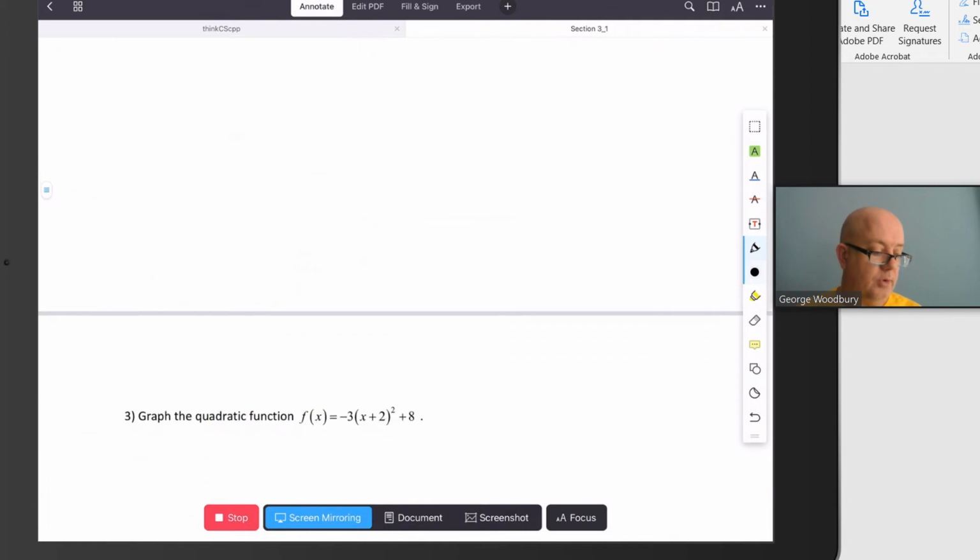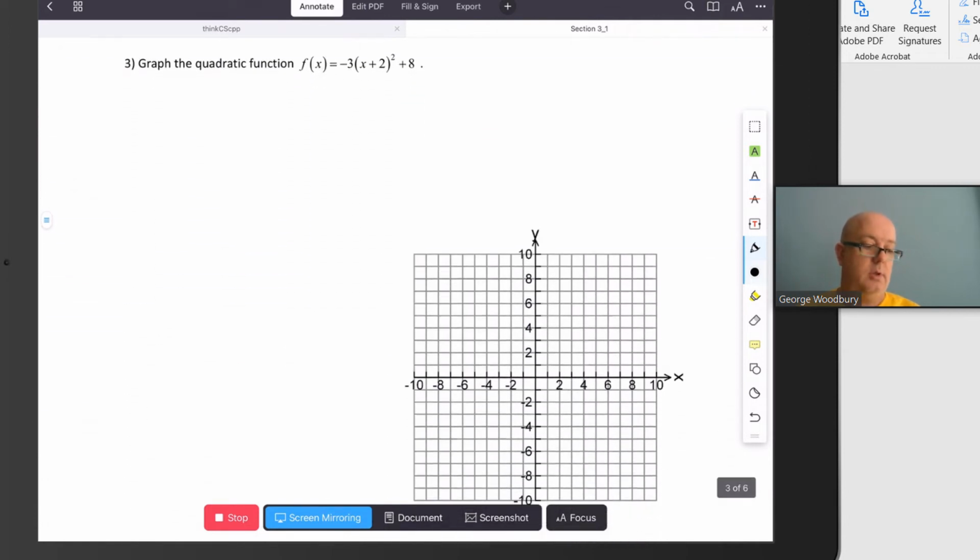One last one of this form. Graph the quadratic function f of x equals negative 3 times the quantity (x plus 2) squared plus 8. The vertex this time is at (negative 2, 8). One way to think of the h part of the vertex: x plus 2 is the same as x minus negative 2.